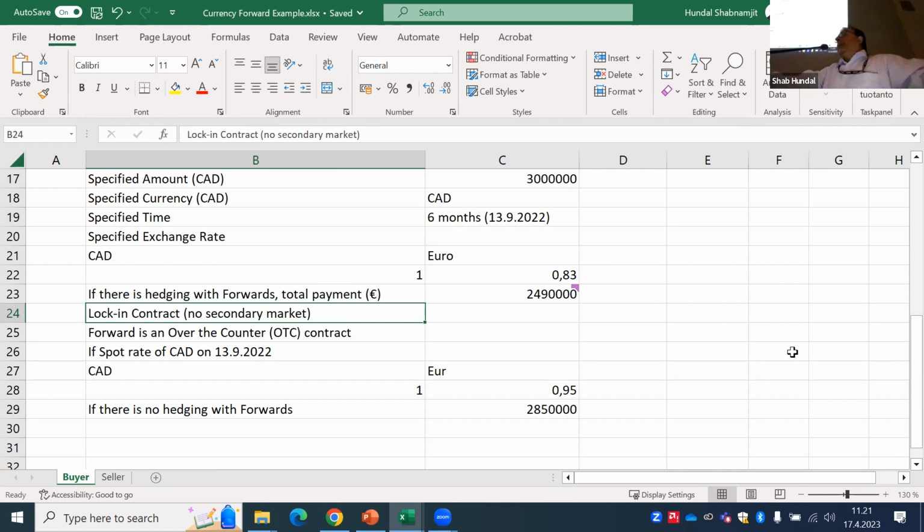Look, when we buy a house, we have the house papers. Now we want to sell the house. We can simply pass those papers to somebody else, can we? You can't do this in this case. So on the due date, you have to take 3 million Canadian dollars. You have to pay 2.4 million euros.